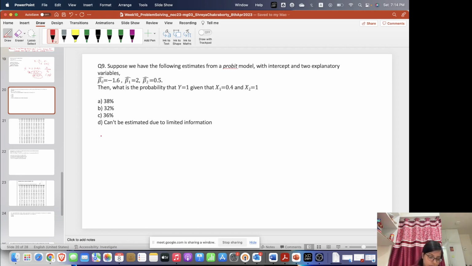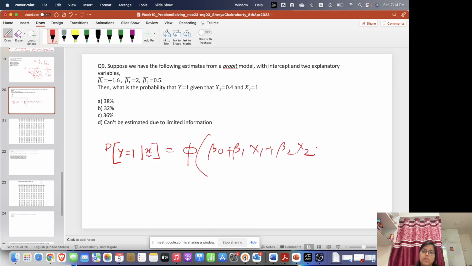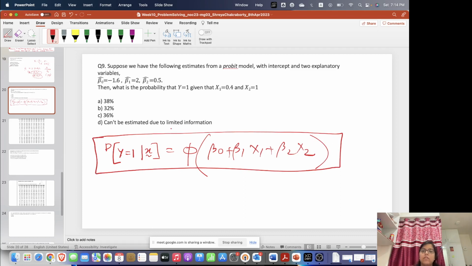So a probit model is written as probability y equal to 1 given, let's say, x equals to phi of beta naught plus beta 1 x1 plus beta 2 x2. So this is the form of a probit model.